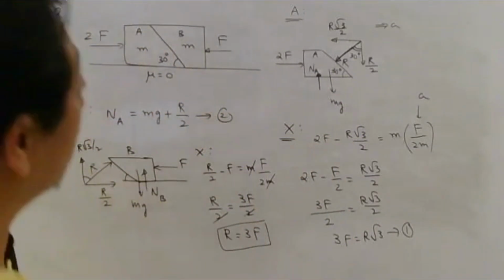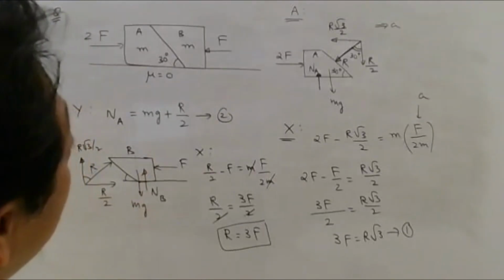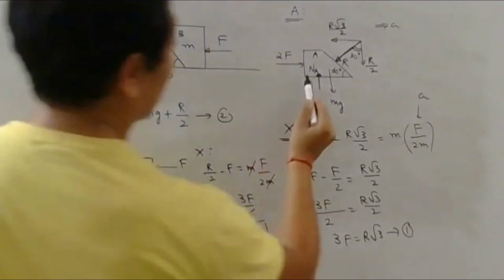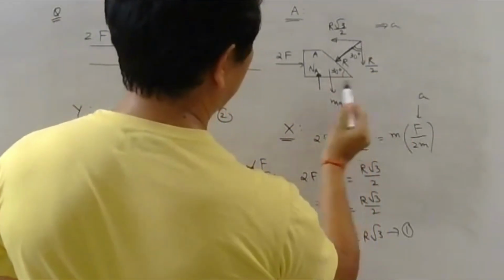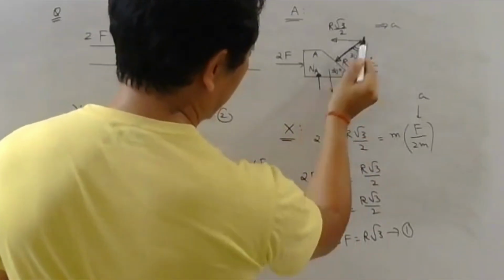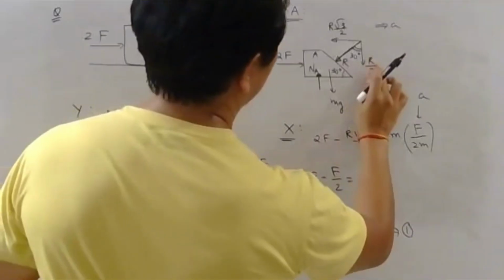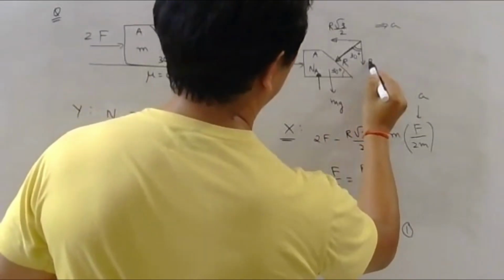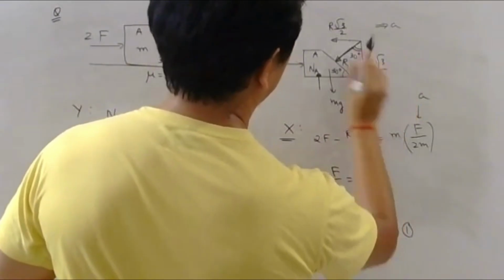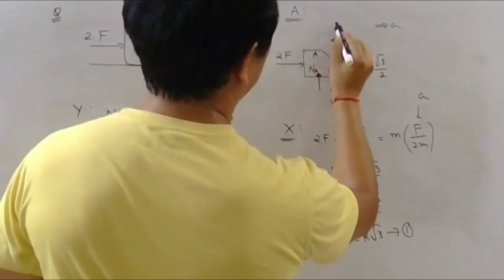Though it is an ancient Greek rule, even modern people make mistakes. So this is perpendicular to this, and this is perpendicular to this. So this should be 30. So this should be R root 3 by 2. This should be R by 2.